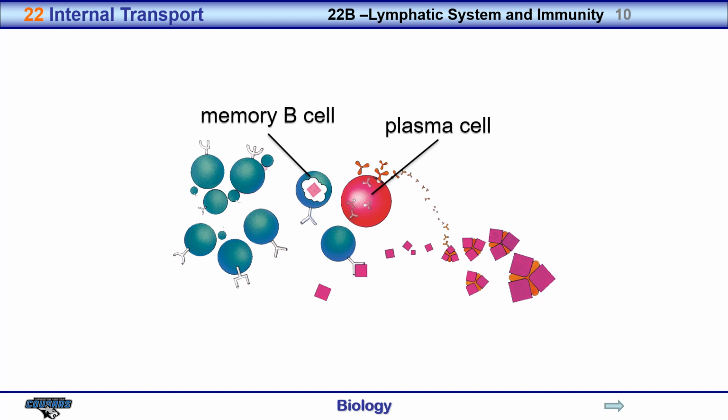Whenever that antigen appears, it knows exactly how to respond quickly, and the plasma cells can produce lots more of these memory B cells and antibodies to attack it. So they're ready should that ever appear again.